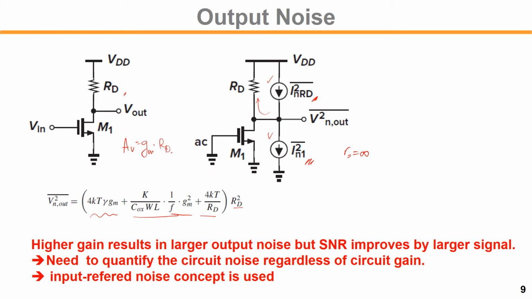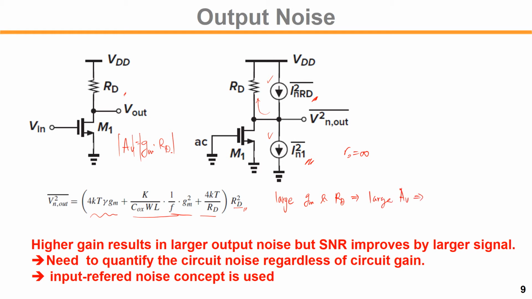If gm times RD is large, if the gain is large, for example large RD and large gm result in large AV.